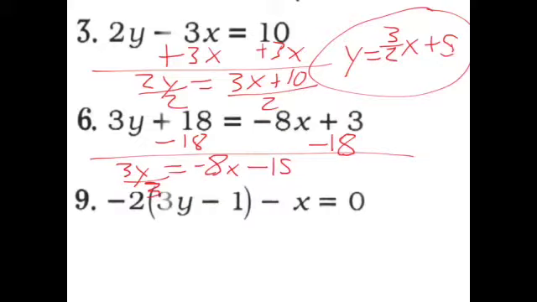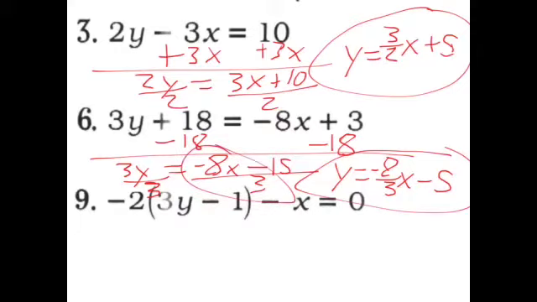I'm going to divide everything by what's in front of y, so divide everything by 3. You're looking at y equals negative 8 over 3x minus 5, because negative 8x divided by 3 is just negative 8/3 x. And then negative 15 divided by 3 is negative 5, so that's why it's got subtract 5 here on the right side.